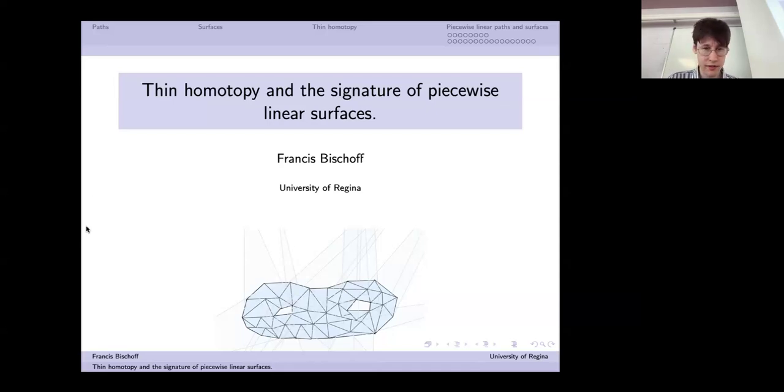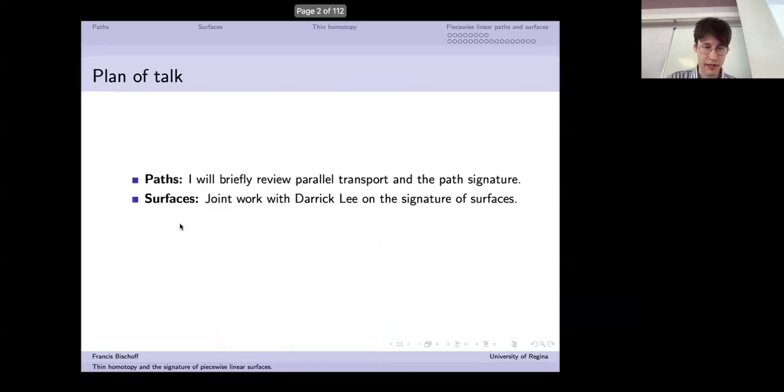Okay, so here's the plan of the talk. It's broken up into two parts. One of them is about paths, which I'm going to just briefly review this time, paths and the path signature. And then for most of the talk, I'll talk about surfaces.